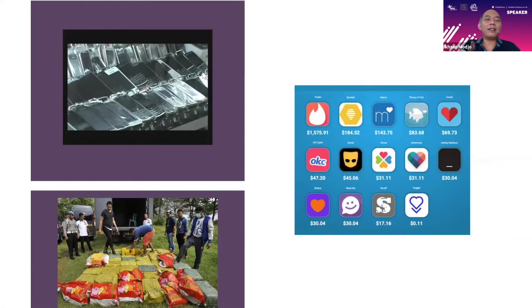Place is not necessarily a physical place, guys. A market does not necessarily have to be physical. It can be as simple as online platforms like Tokopedia, Shopee, or Bukalapak, whatever. They can act as a market as well. So it's actually the same.